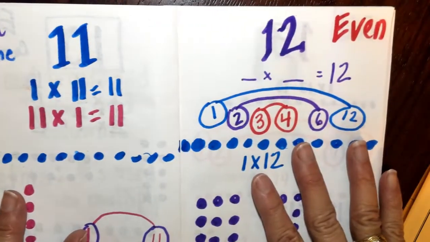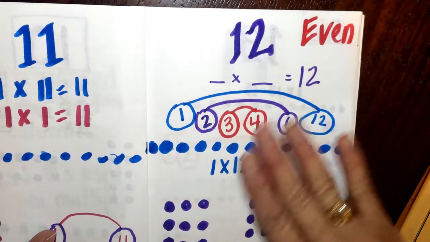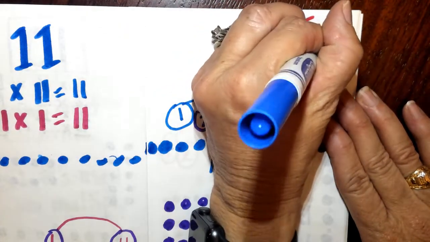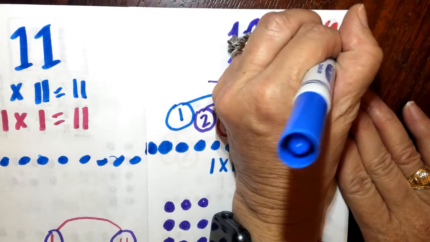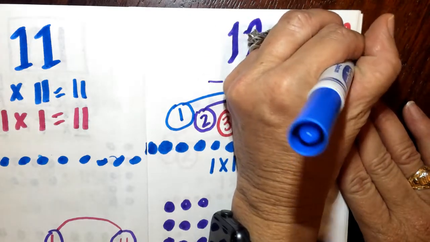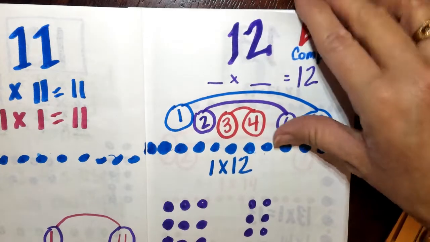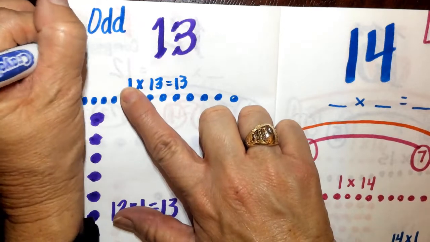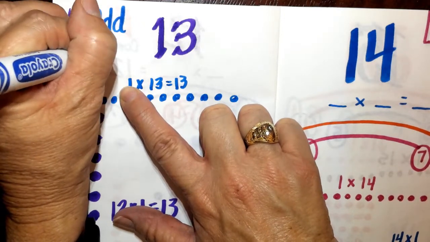Moving on over to the number 12, we have lots of factors, so again, we're going to label this one composite. Flipping on over to the number 13, we have two factors, one and itself, so it is prime.